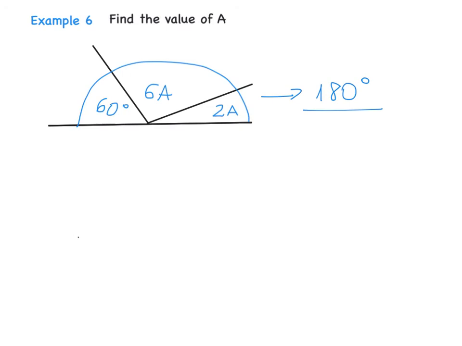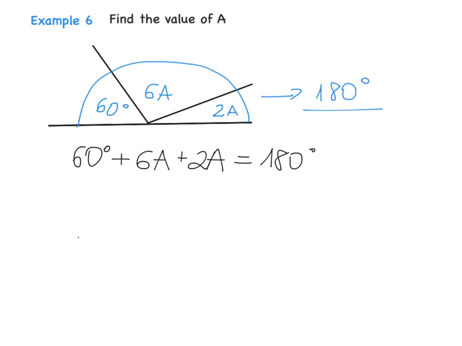So now it's time to use algebra. So let's add all of them up, okay? So we have three angles, and all of them all together make straight angle, what is 180. So let's write down the equation. We have 60 degrees plus 6a plus 2a, and this is all 180 degrees.